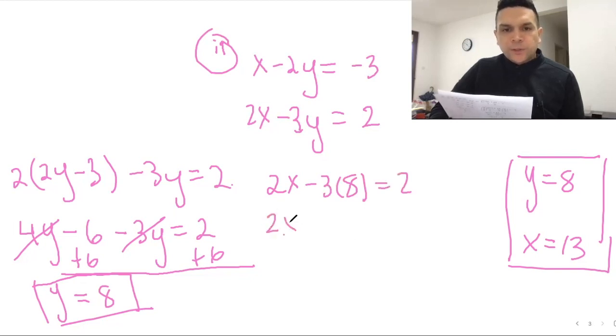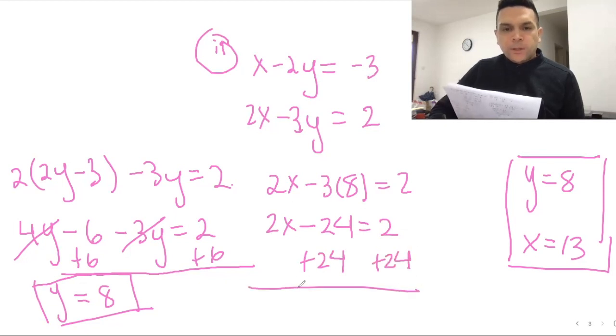So 2x minus 24 equals 2. I'm going to add 24 to both sides. And then I get 2x equals 26, and then x, 26 divided by 2, is 13, right?